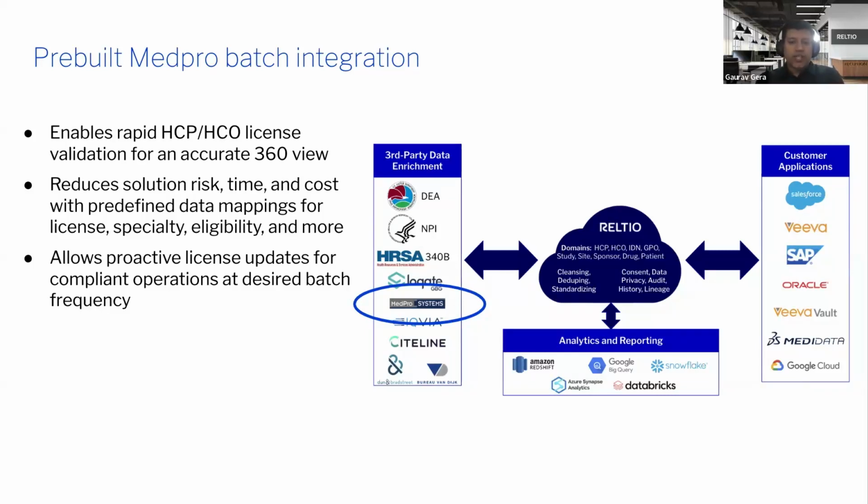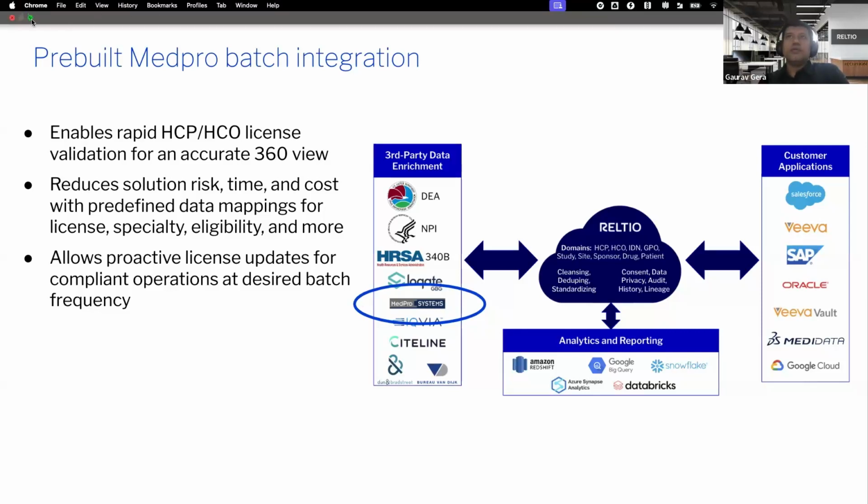They will do their own verification. They will also give their own master ID, so to speak, and also indicate which is the best version that you should use in case you're not able to identify the best version. So they have their own way of pre-mastered data, which you can then use to enrich your first-party data that you can get into your Reltio from your own applications, right? So here are some of the capabilities that we provide as part of the commercial domain.